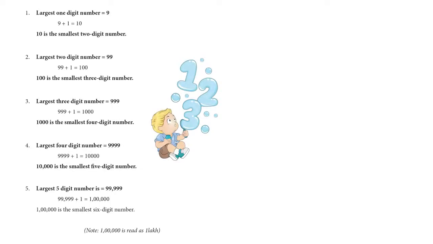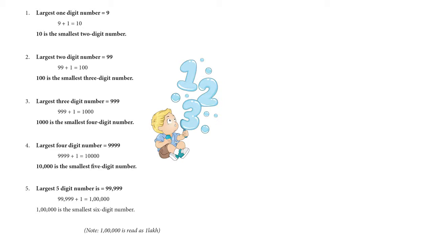Largest 1 digit number is 9 and 10 is the smallest 2 digit number. The largest 2 digit number is 99 and 100 is the smallest 3 digit number. Largest 3 digit number is 999, 1000 is the smallest 4 digit number.